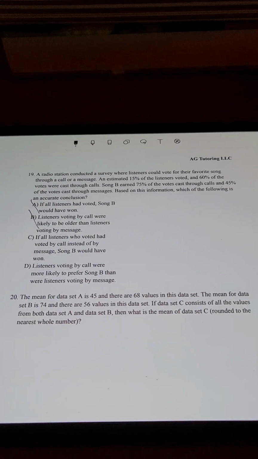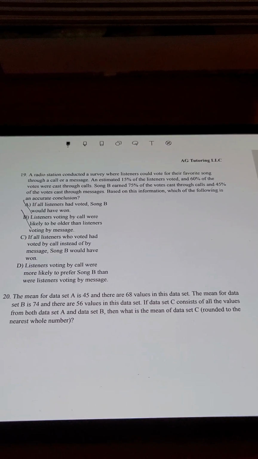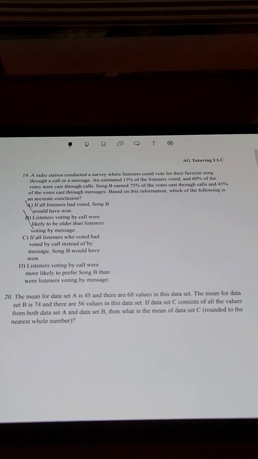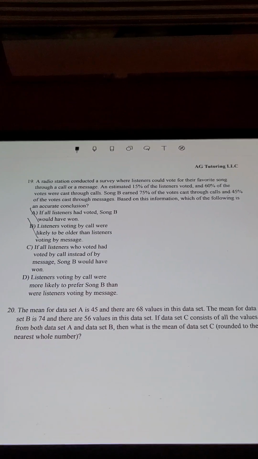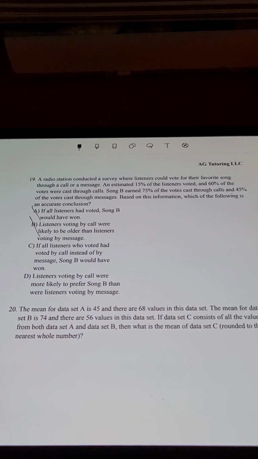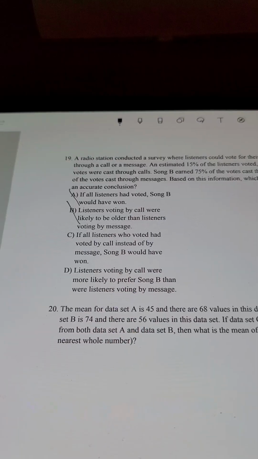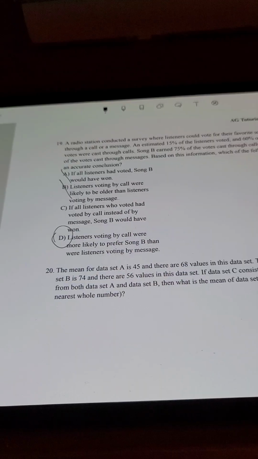Well, song B earned 75% of the votes cast through call and 45% of the votes cast through messages. So that tracks. They were more likely to prefer song B. So the answer has to be D.